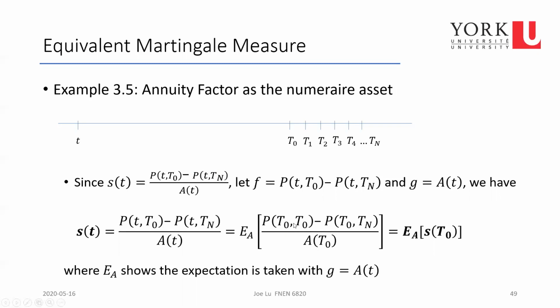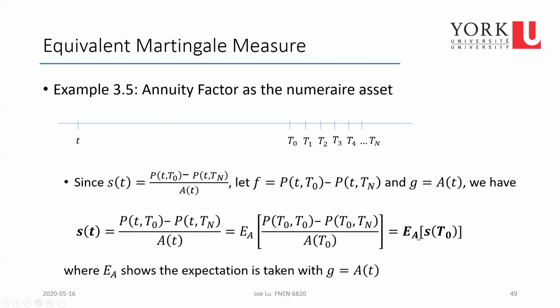So the initial value here is really the expected value of the realized swap rate. What you have here occurred at the big T naught, and it's basically the realized swap rate, which is a spot swap rate at big T naught. So you have successfully linked the forward swap rate as an expectation of the realized swap rate at a future time.